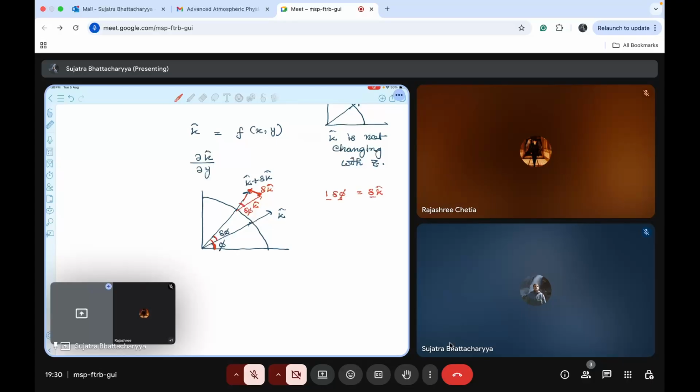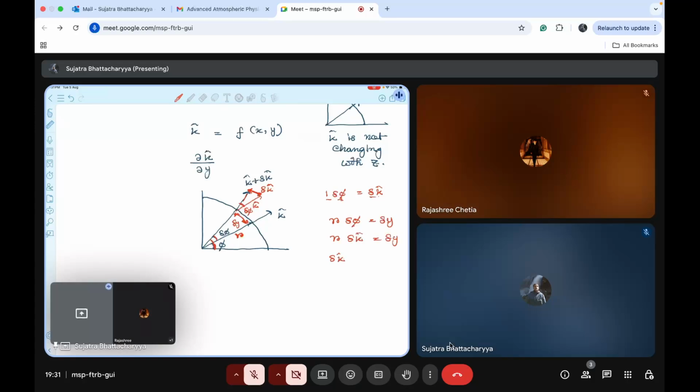Angle times radius is arc. And this is your delta y, the arc, with radius r. So r delta phi is equal to delta y.